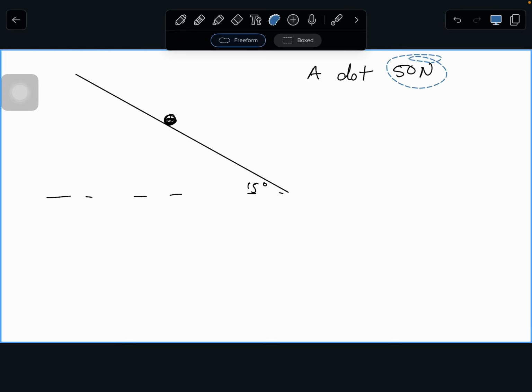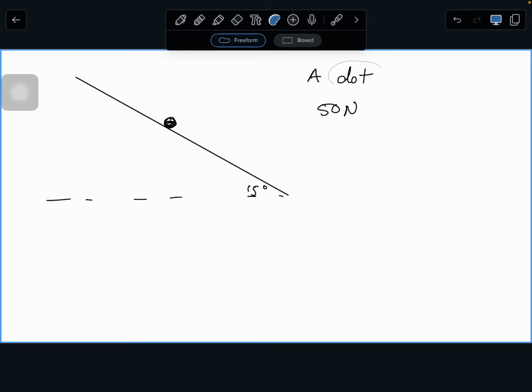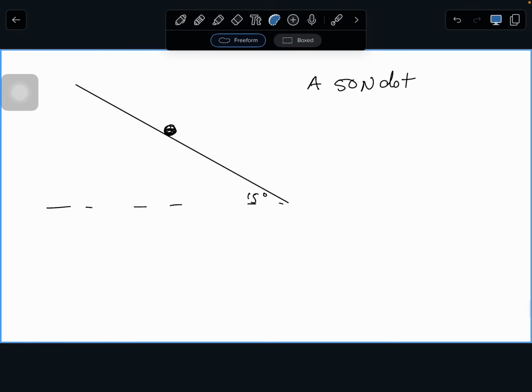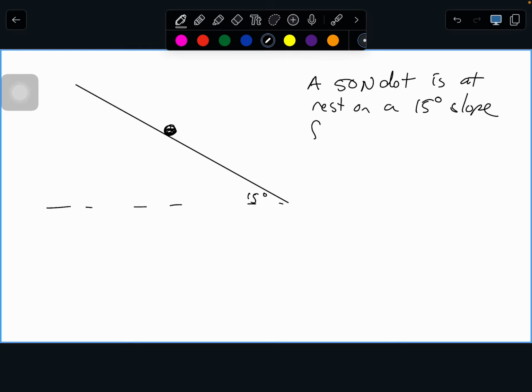A 50 Newton dot, what did I do there? Let's move that around. Slipping around, 50 Newton dot. Look at that. That probably took more effort. A 50 Newton dot is at rest on a 15-degree slope from horizontal.